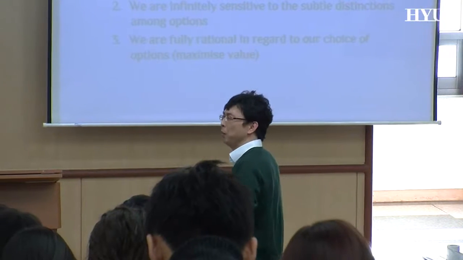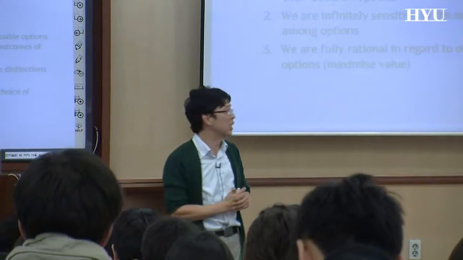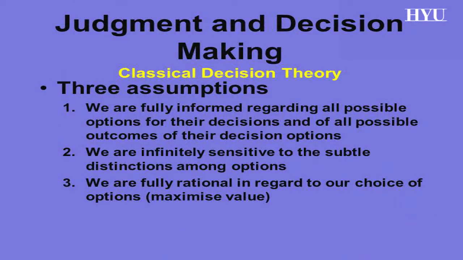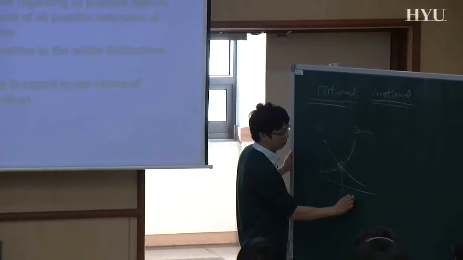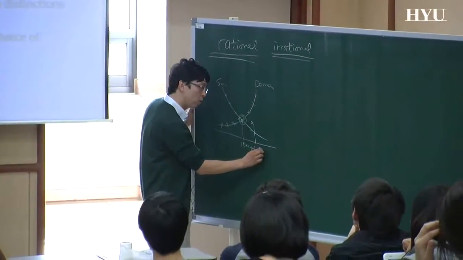The second one is relevant to probability and human cognition. We are infinitely sensitive to subtle differences among options. Say the best price is 101, and then someone offers 201.